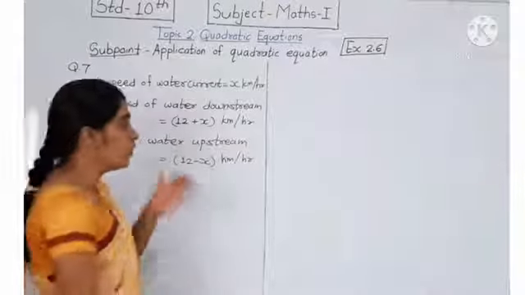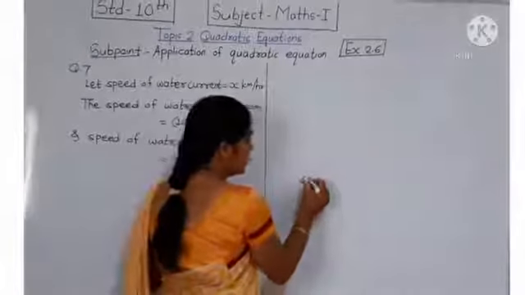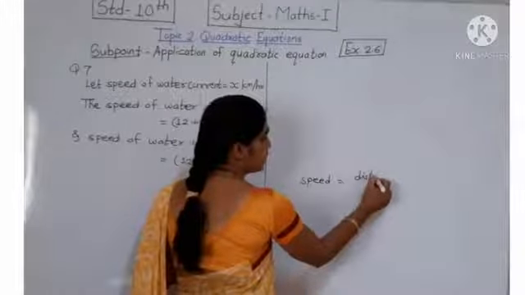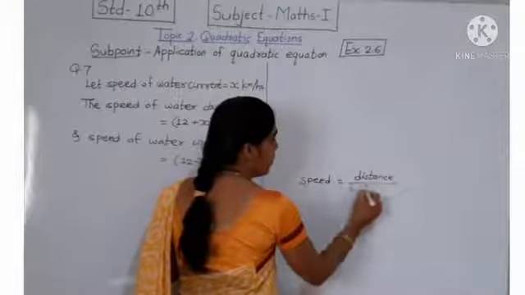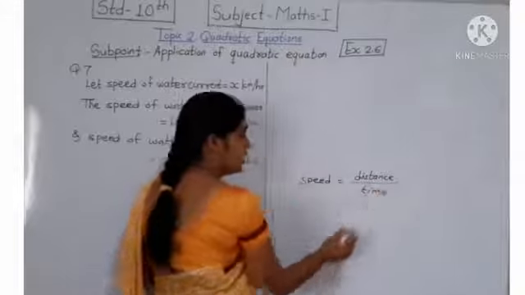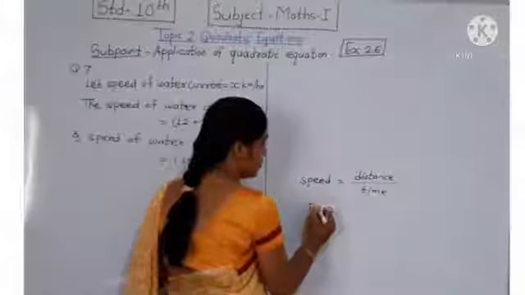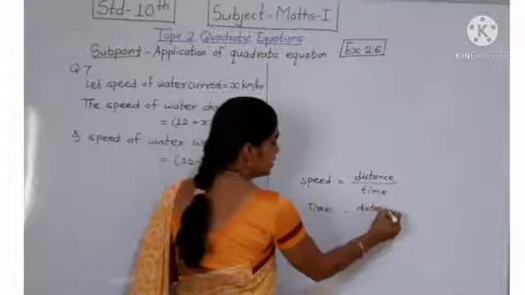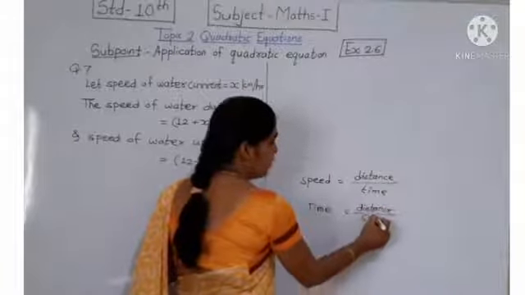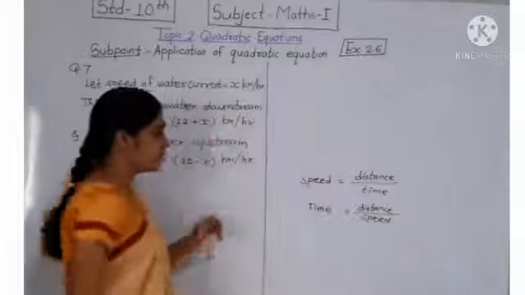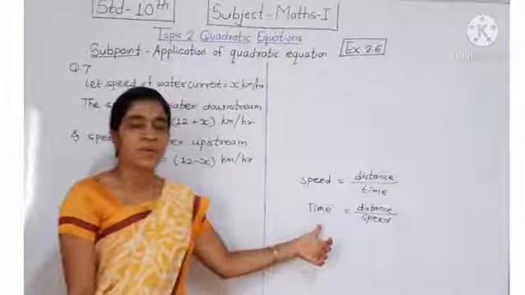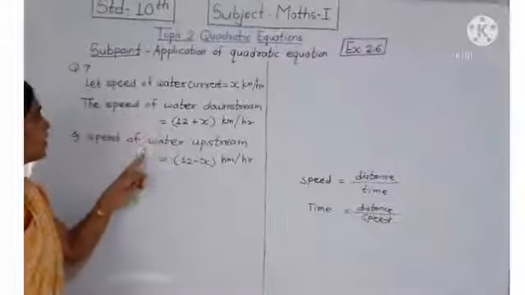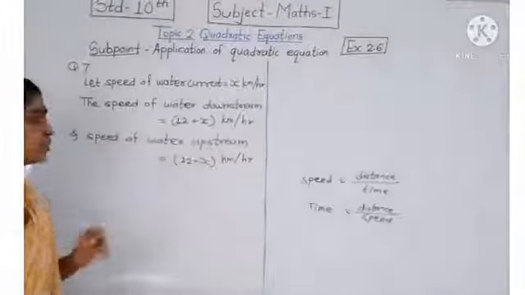So, we know the formula: speed is equal to distance upon time. From this, we calculate time is equal to distance upon speed. What is the distance traveled? 36, and speed is different for downstream and upstream.